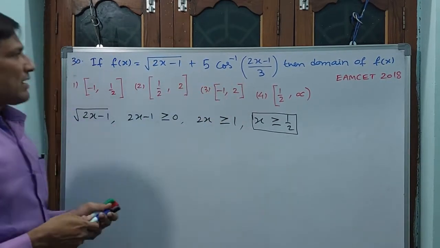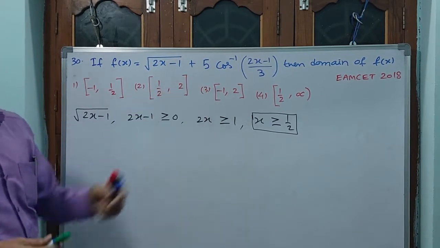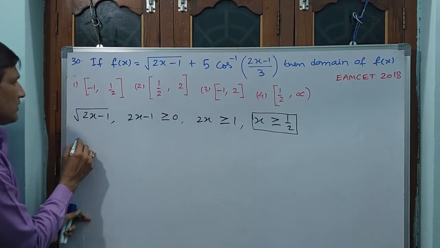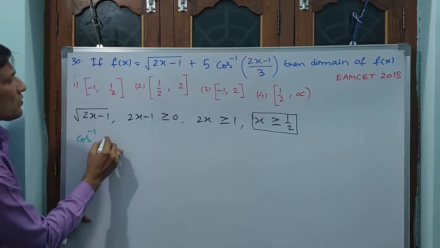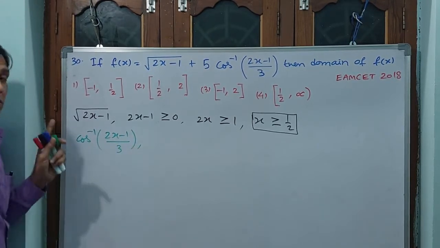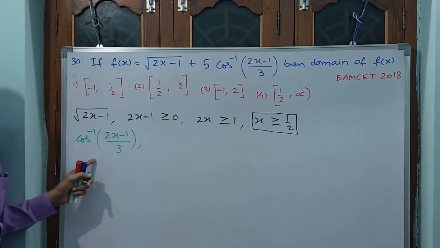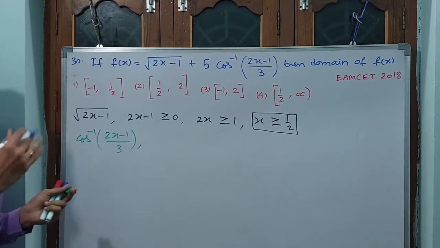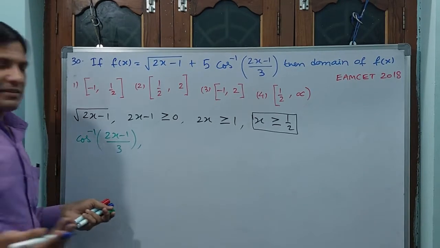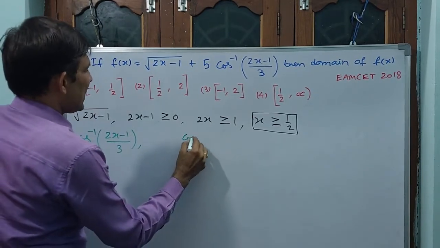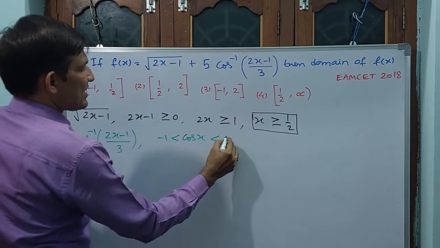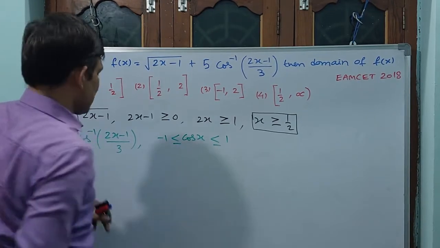Second one. Come back to the second subfunction. See, 5 you did not take, you consider only cos inverse of (2x minus 1) by 3. This I am considering, so what are the output limits of cos? Cos output is from minus 1 to 1. Write down: cos x is greater than or equal to minus 1 and less than or equal to plus 1.